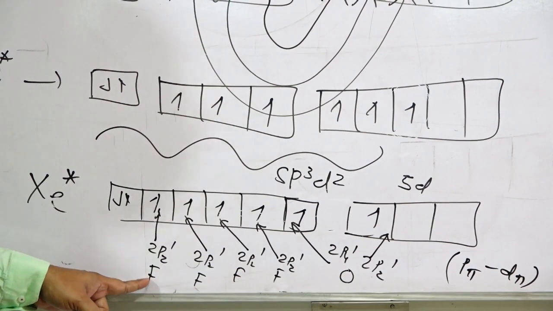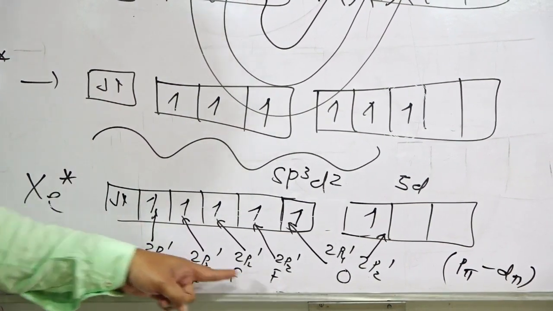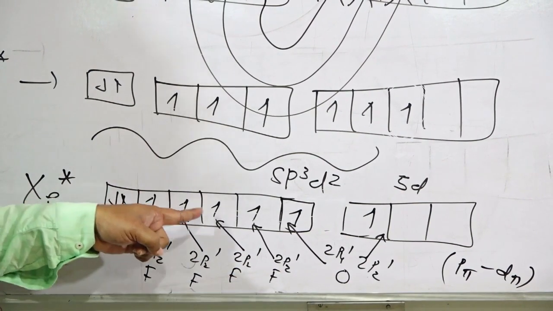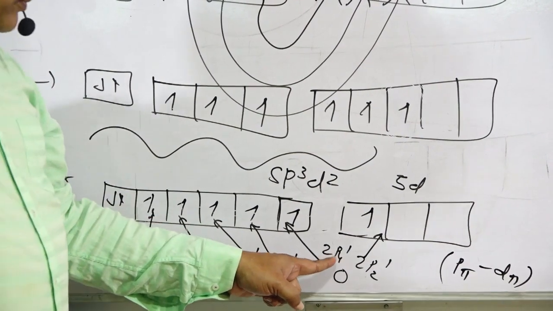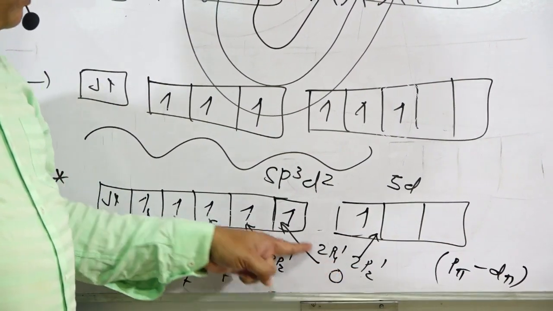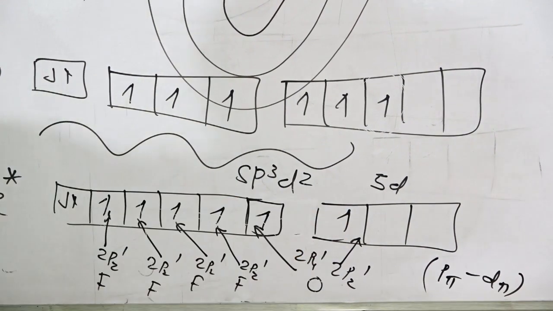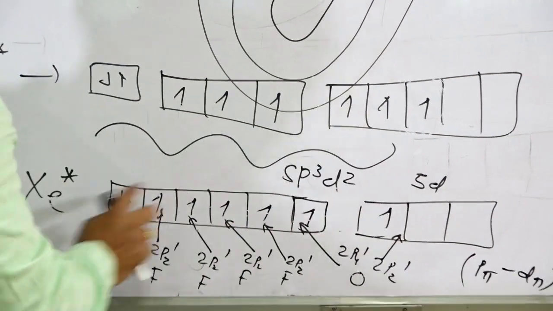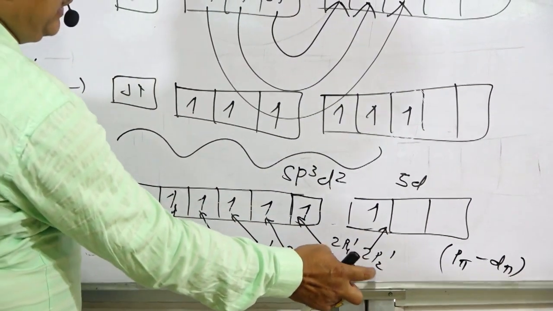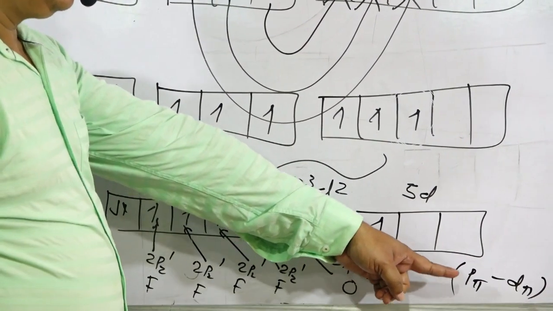So 4 fluorine atoms have the ability to form sigma bonds with the hybrid orbitals, and oxygen atom 2py, 2pz, one will form sigma and another will form pi. And this pi bond is formed between 5d of xenon and 2p of oxygen. Therefore, that is known as p pi d pi bond.